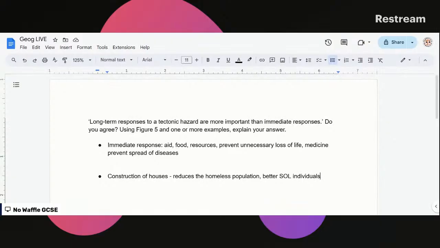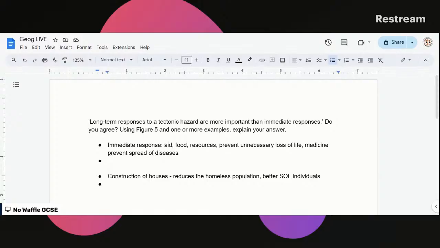Okay, so let's now speak about some points that we've learned about. So why would immediate responses be more important, or why would long-term responses be more important? And also pick a side as well. So immediate responses, what kind of immediate responses might you have?